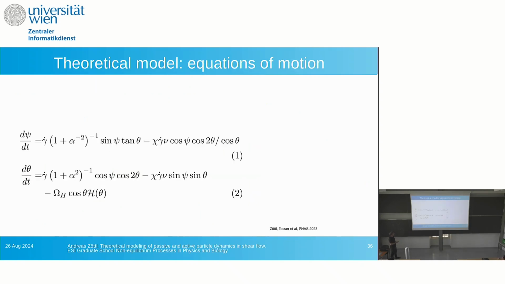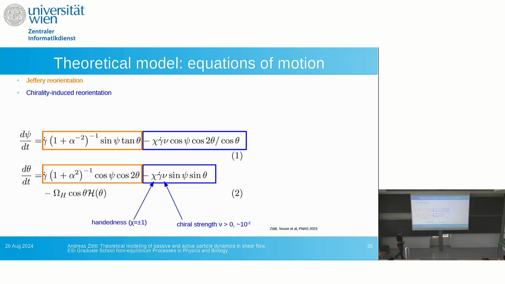And the nice thing is, right, we have Aristotelian mechanics. You can show that you can simply add two effects. When we look at the dynamics of the particle orientation for psi and theta, this is the Jeffery term, which we have seen before, linear in gamma dot, and depending on the shape and its orientation.